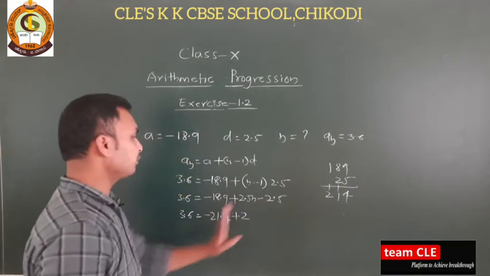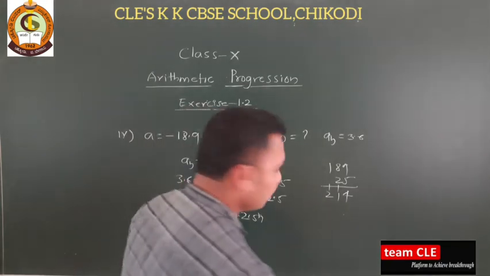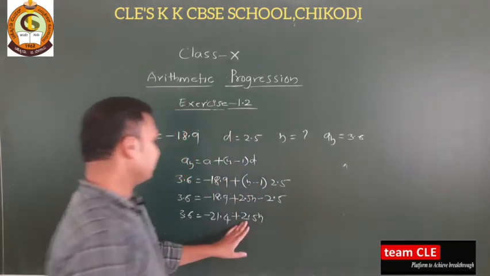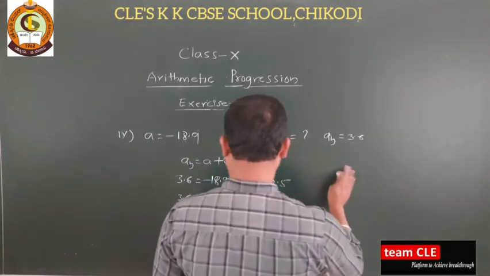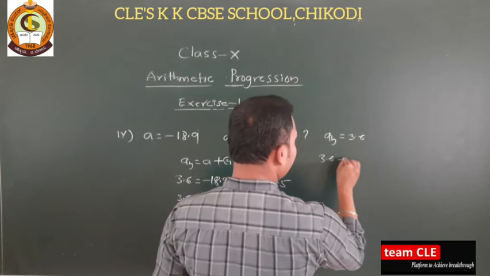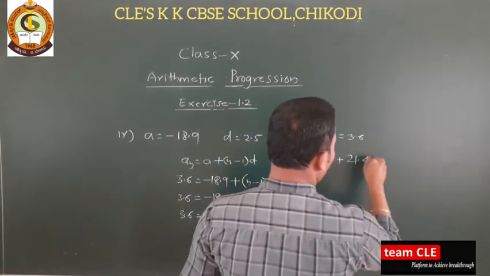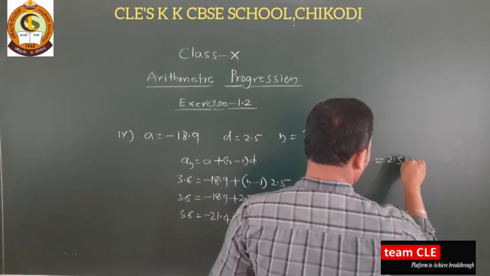Both are minus, so minus, so 2.5 n as it is. Now again here 2.5 n, you can take this side. So what will happen, next 3.6 and this is plus 21.4 is equal to 2.5 n.